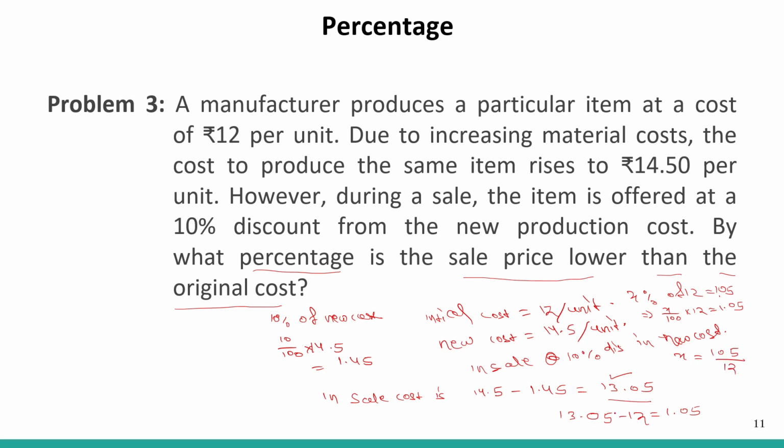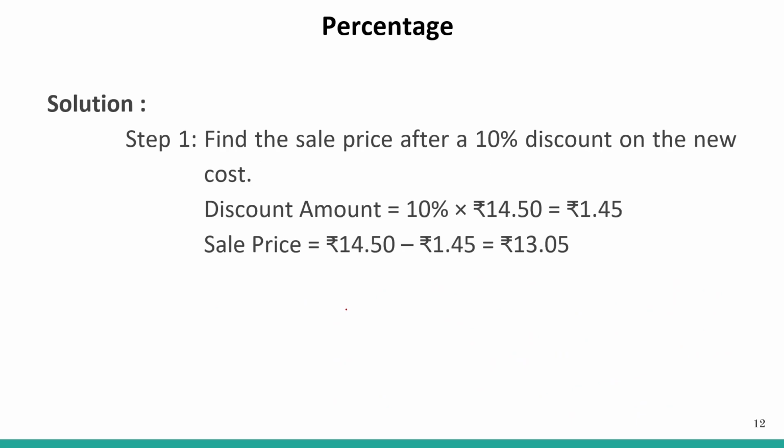Since both are divisible by 3, this will be 4 and this will be 35. So 35 by 4 is equal to 8.8, roughly. So 8.8% greater than the original cost.